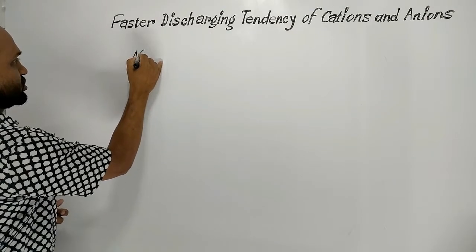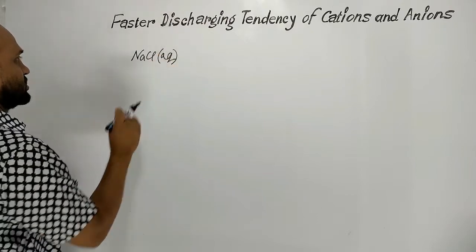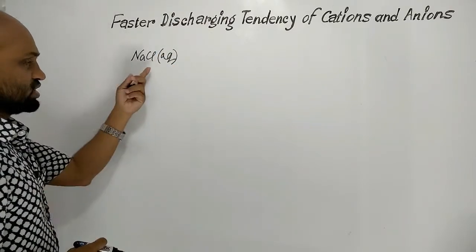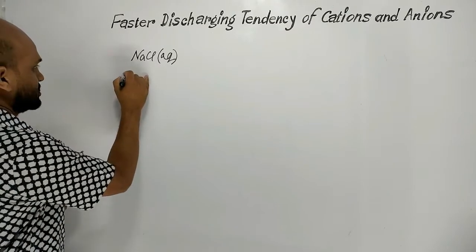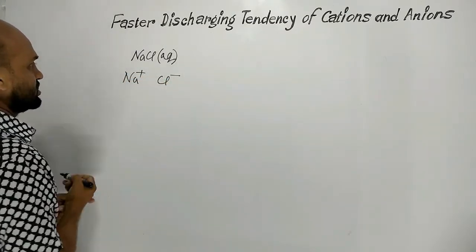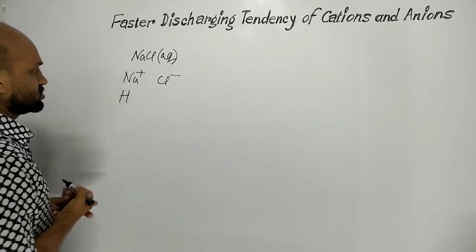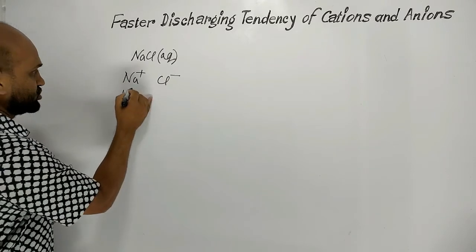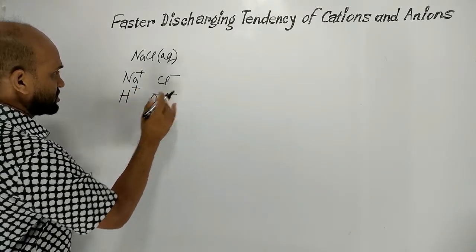Sodium chloride solution. During electrolysis, sodium chloride produces sodium ions and chloride ions, and water ionizes to some extent to produce hydrogen ion and hydroxide ion.